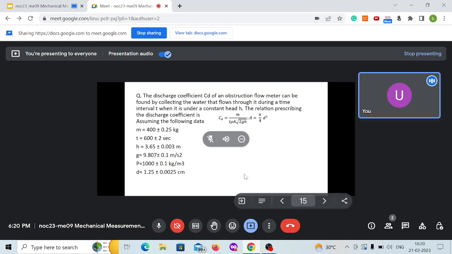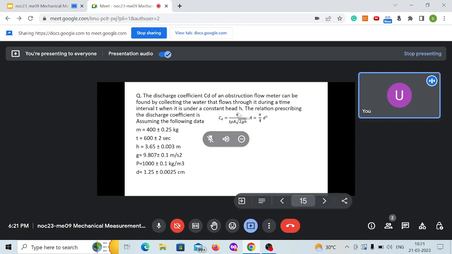It can be found by collecting the water that flows through it during a time interval t, under constant head h. The relation prescribing the discharge coefficient is the actual mass flow rate divided by the theoretical one, for the time interval t.